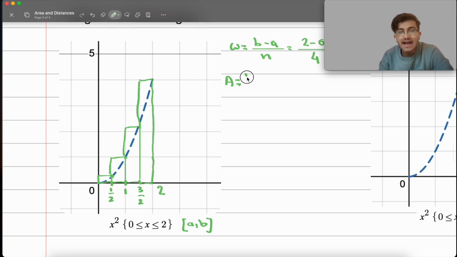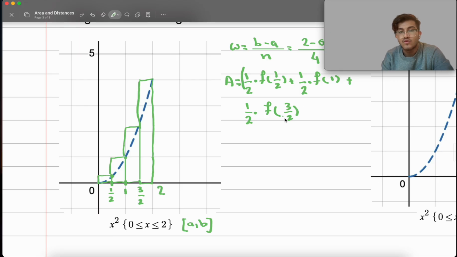The width is 1/2, I'm talking about the first rectangle, times f of 1/2, which is the height of this one, plus the second rectangle, its width, which is 1/2, times its height, which is f of 1 right here, plus 1/2 times f of 3 over 2, which is the height of this rectangle, times its width, plus 1/2 times f of 2, which is the last rectangle.